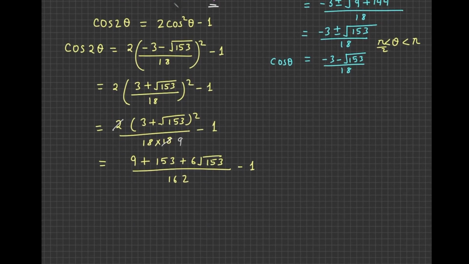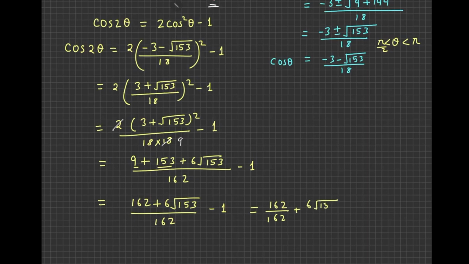All right, so this was a little bit of arithmetic here. Now 9 plus 153 is 162, plus 6 square root of 153, divided by 162, minus 1. What does this give us? This gives us 162 divided by 162 plus 6 times square root of 153 divided by 162, minus 1.